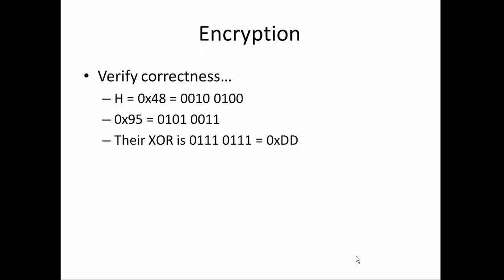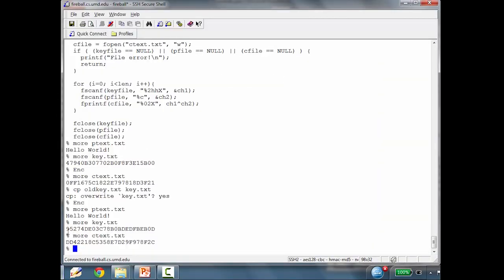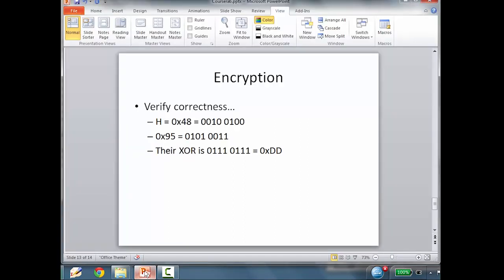And now if we want to verify correctness, remember that the first character of the plain text was a capital H. If you look at an ASCII table, you'll see that that corresponds to the hex value 48, which corresponds to the byte 01001000. If we go back and look at our key, you see that the first two hex digits of the key were 95.